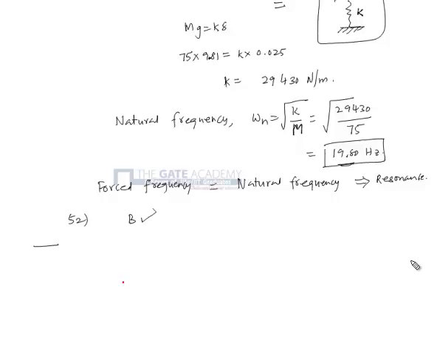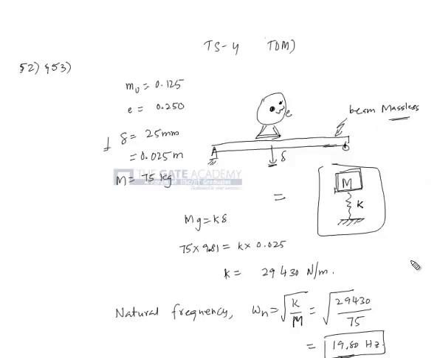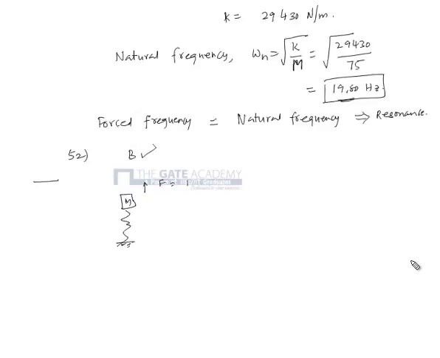Now in this spring mass model, we have an eccentric flywheel, so that basically creates a harmonic force which is F0 sine omega t, and the amplitude of this harmonic force is the unbalanced mass into eccentricity into omega square, into sine omega t.